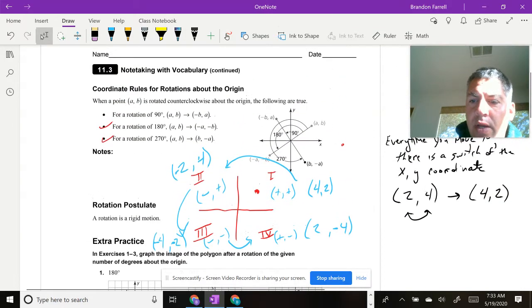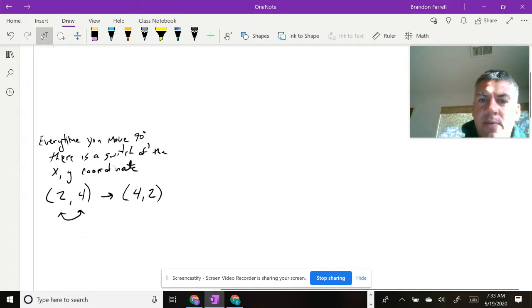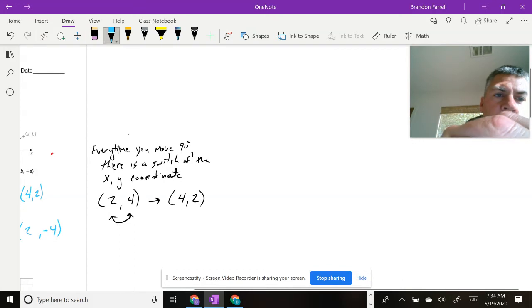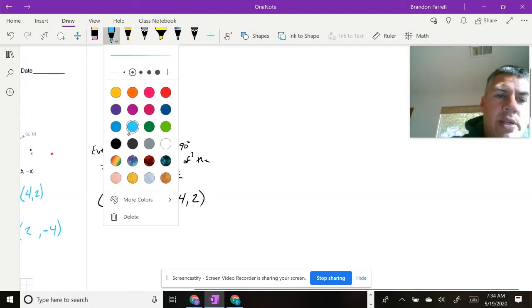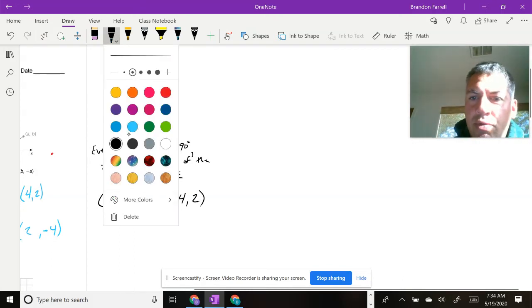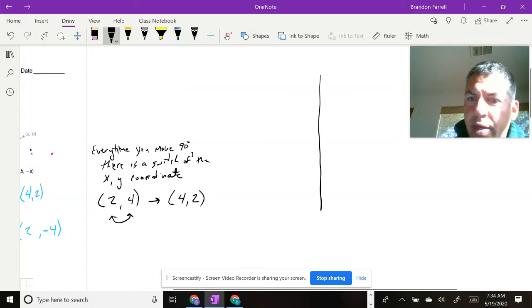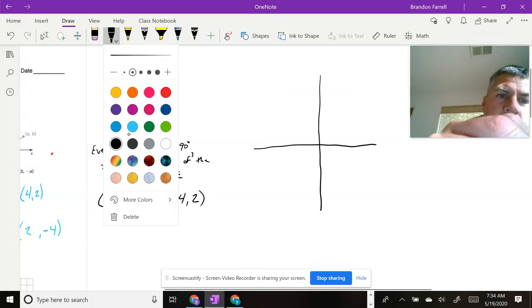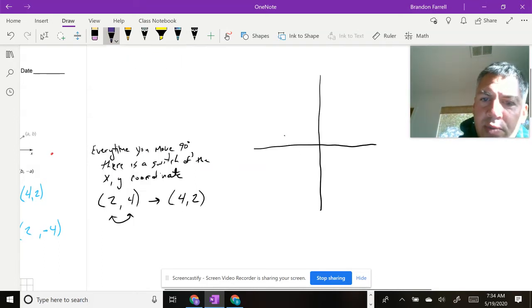Okay, so what I'm going to do is come over here and demonstrate that just a little bit with my own coordinate plane. I'm going to draw a random coordinate plane right here, and I'm going to put a point, let's just put the point right there, and let's call this -6, 1.